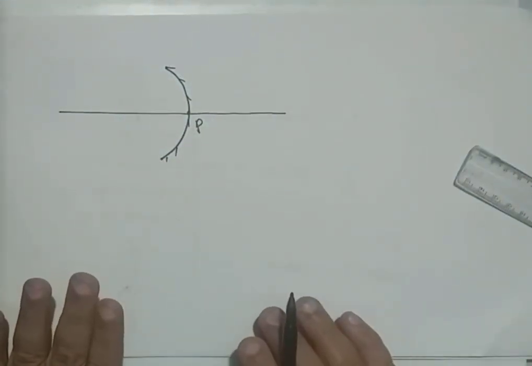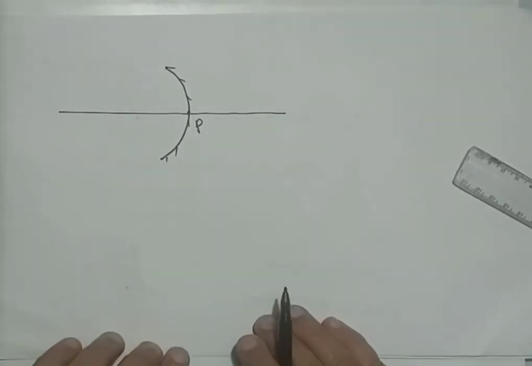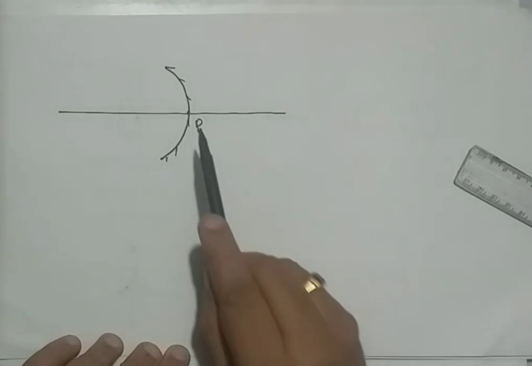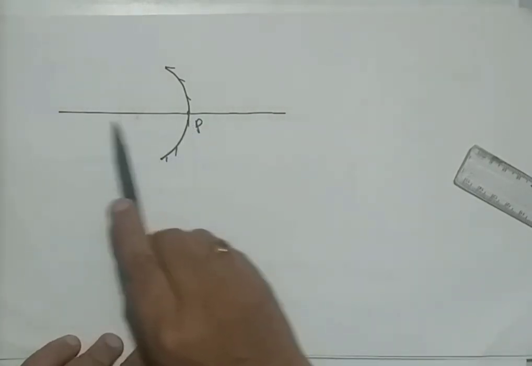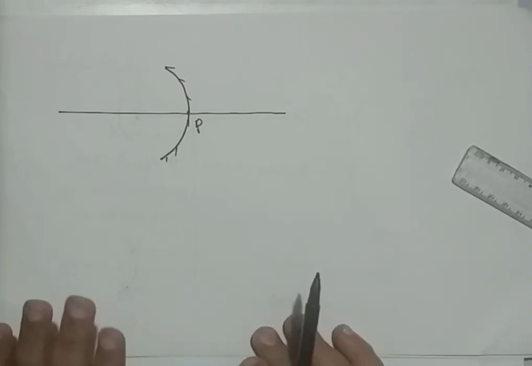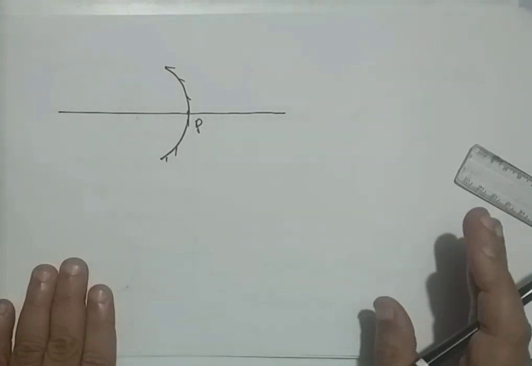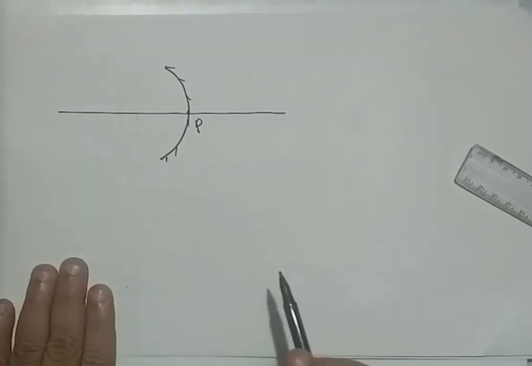Now, the first sign convention is that all the distances should be measured from the pole on the principal axis. Second, all the distances measured in the direction of the incident beam are positive.